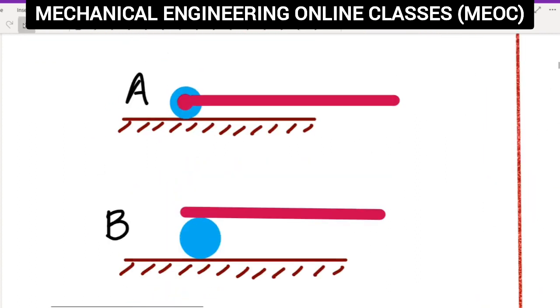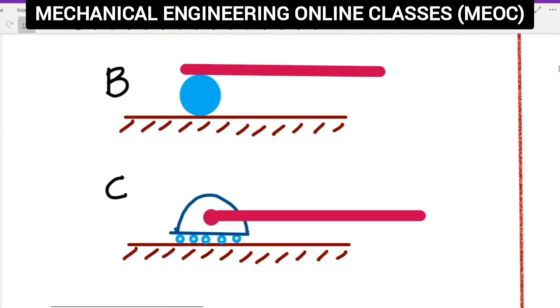Here the blue circular one is the roller and the pink one is the object it is attached to. So you can see there is an attachment to the object, and this one has wheels. These small circles are the wheels, so they are the rollers.